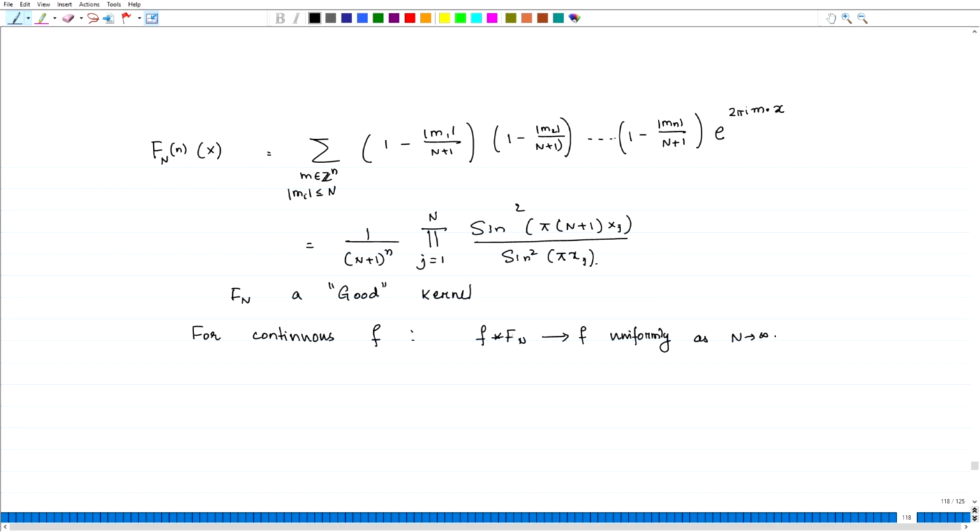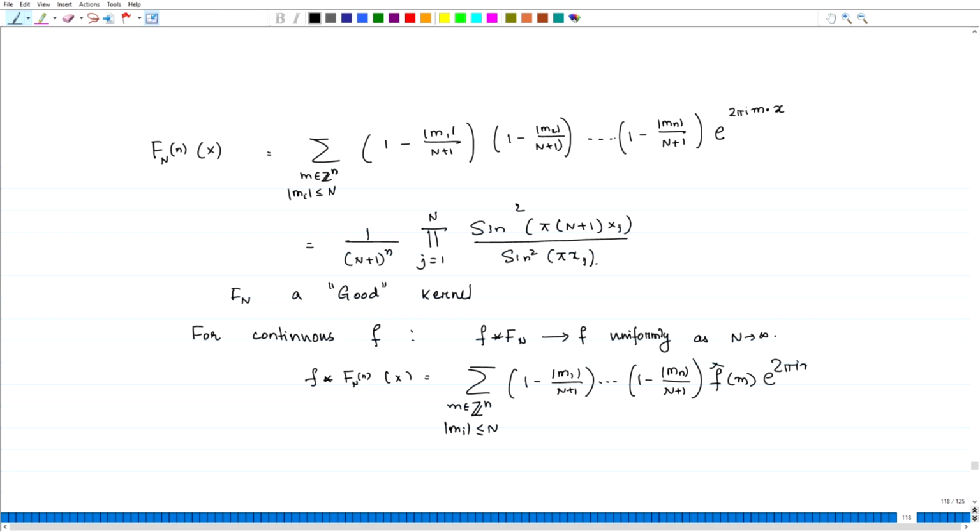f convolution with the Fejér kernel is nothing but a polynomial, and so f convolution with F n, which has n dependency, at x is going to be the summation over m in Z n with mod of m I less than or equal to n, of 1 minus mod m 1 by n plus 1, up to 1 minus mod m n by n plus 1, times f hat of m and e to the power 2 pi I m dot x.